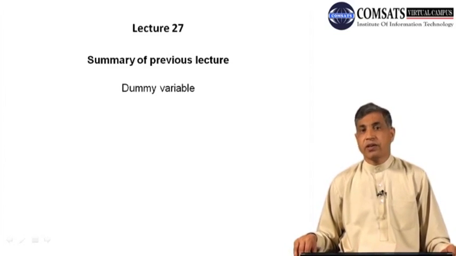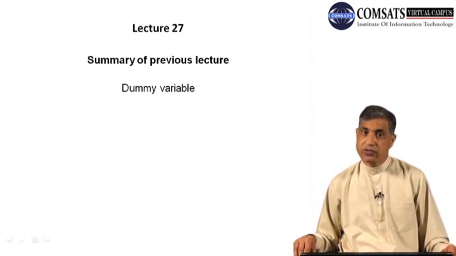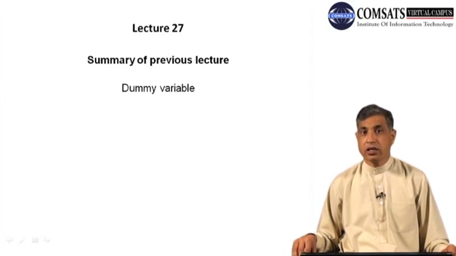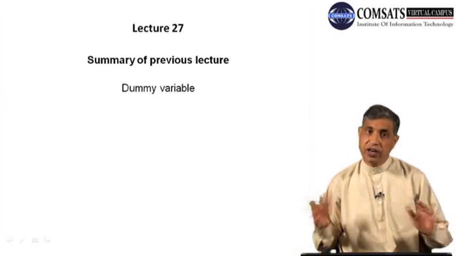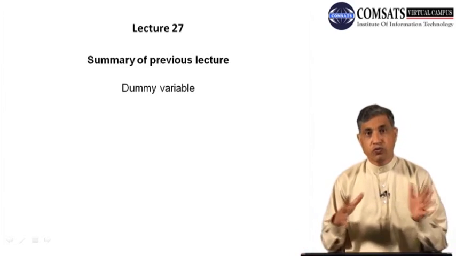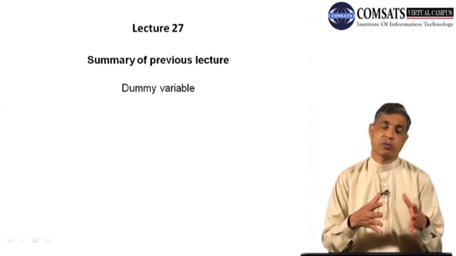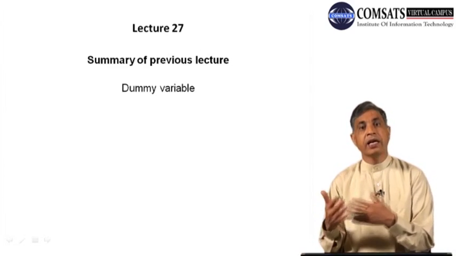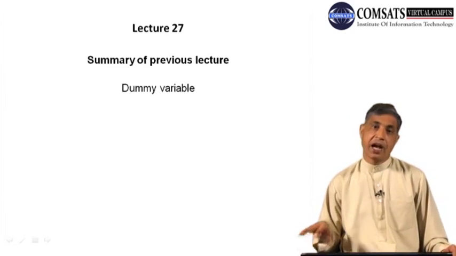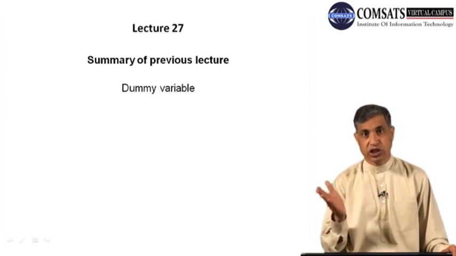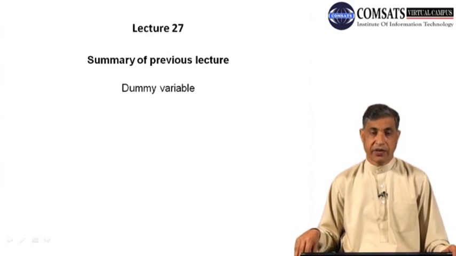It may happen, but what is the reality? The ratio as well as the nominal or categorical variables affect our dependent variable. So we can include the ratio scale variable as well as the nominal scale variable as independent variables, or regressors, and we can estimate their effect on our dependent variable.